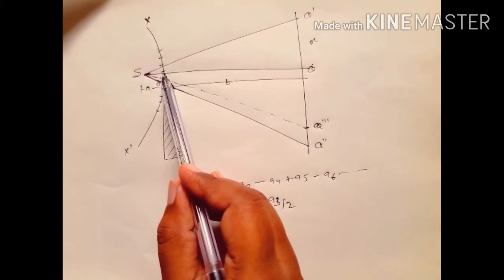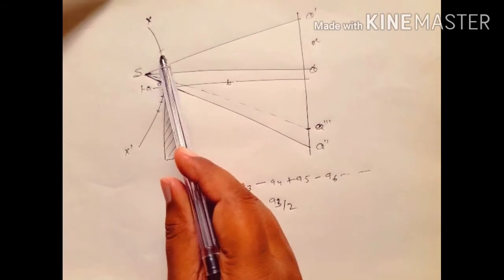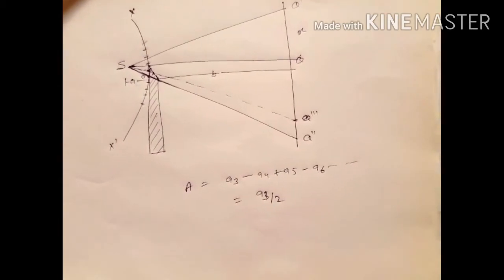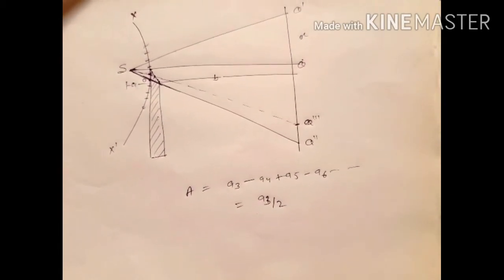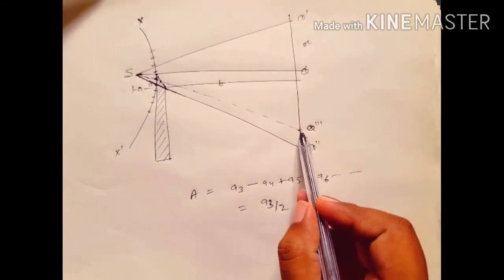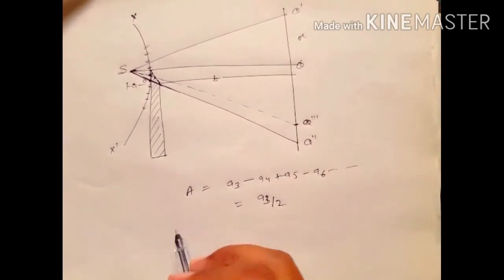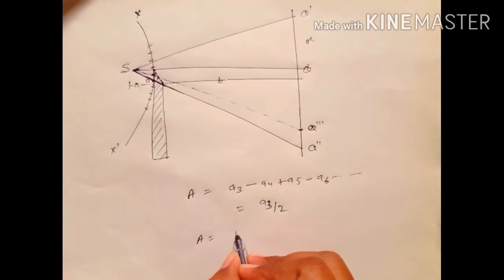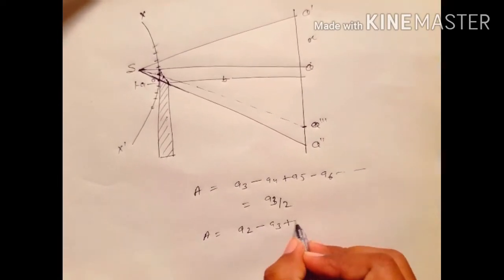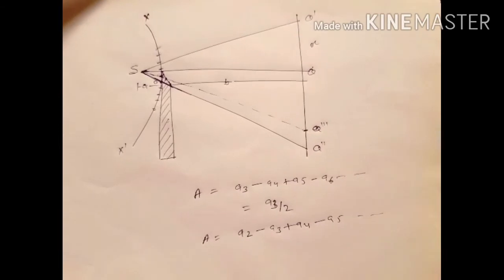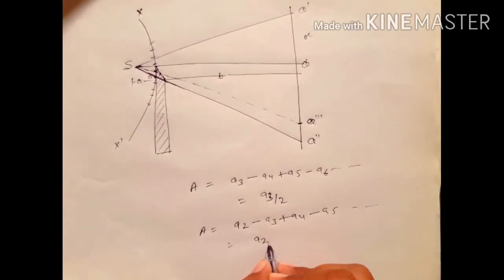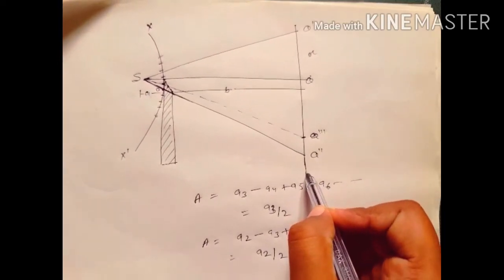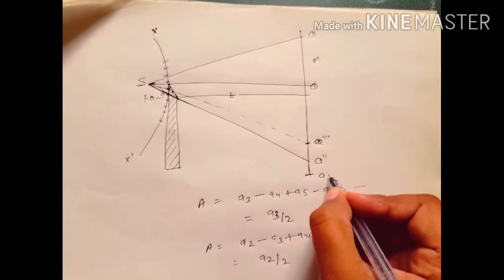Suppose this is the first half period zone, this is second, this is third, and so on. Now we can see clearly that only one half period zone is obstructed. So at this point, Q triple dash, the effective amplitude will be, as the first half period zone is cut off, we start from A2 minus A3 plus A4 minus A5 and so on, and the resultant will be A2 by 2.